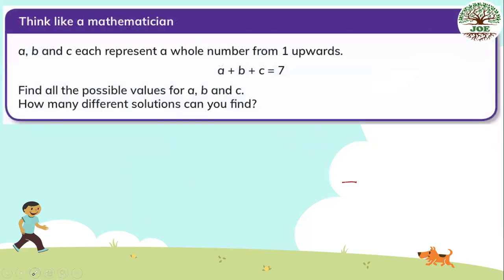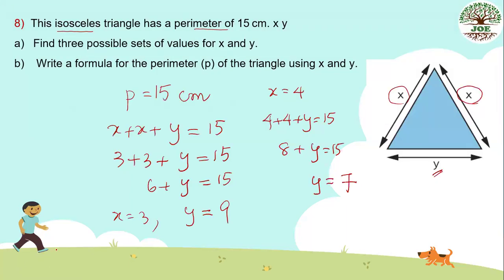In this way, we can find possible sets. So we get sets of possible solutions. This is x equals 4 and y equals 7. If x is 7, you can try.